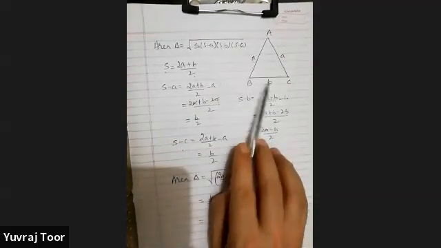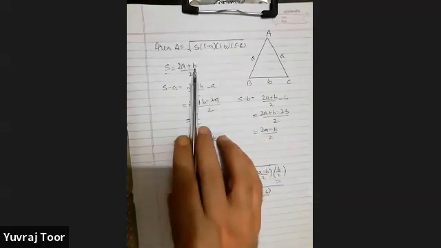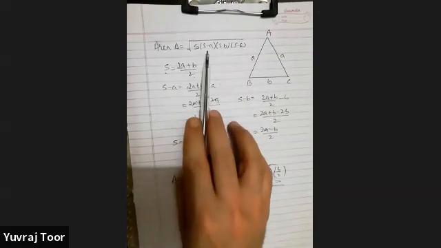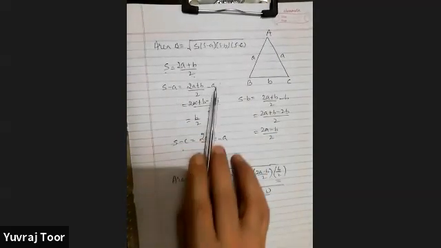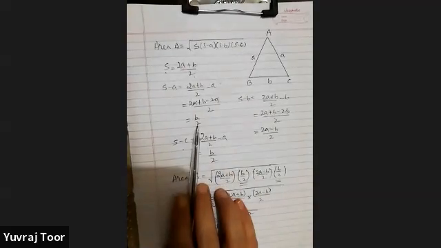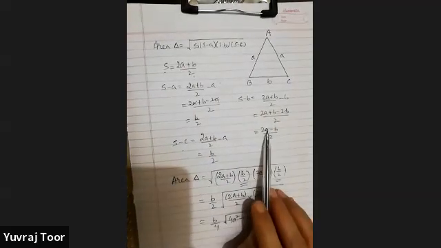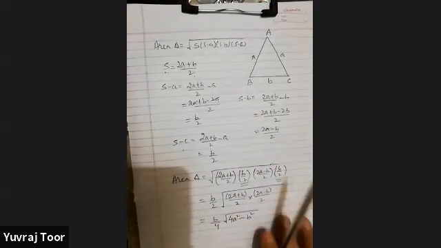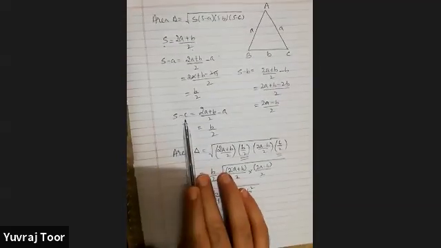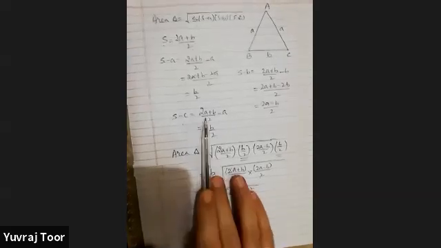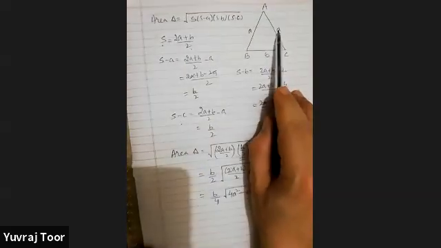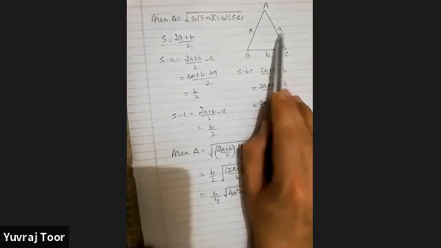A plus A plus B by 2, which comes out to be 2A plus B by 2. Then I calculated S minus A. Simplifying it, I'm getting B by 2. S minus B, I'm getting 2A minus B by 2. And finally, S minus C is again B by 2, because C is nothing but the third side, which is equal to the first side.